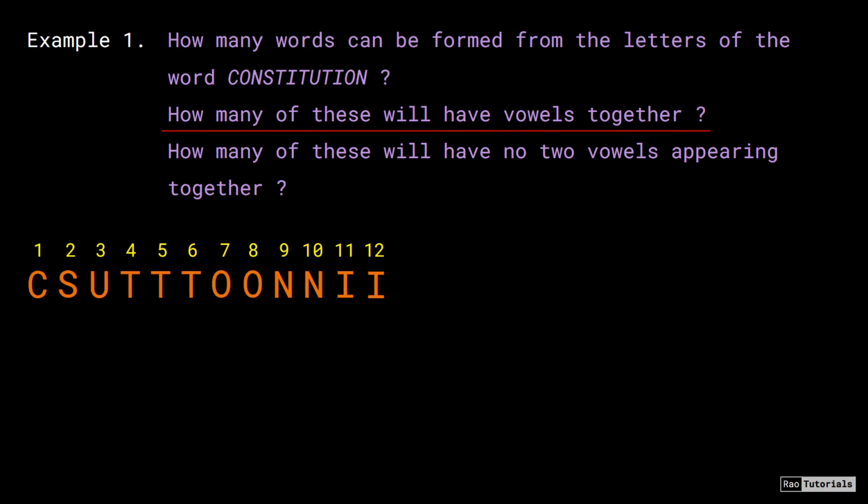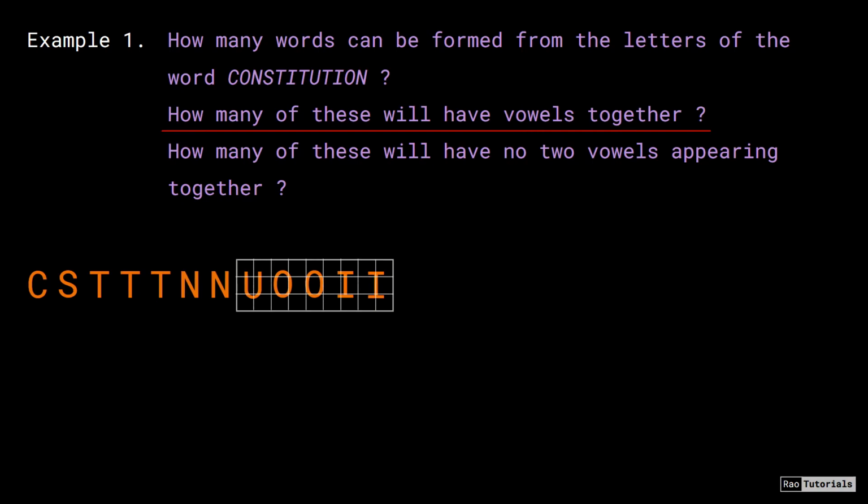For the second part of the question, we need to keep the vowels together. Recall that to keep some particular things together in an arrangement, we bind them and treat them like one single object. In this case, we want to keep the vowels together, so we bind them and count them as 1.